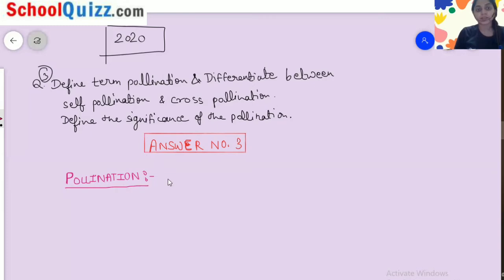So what is pollination? We know that pollination is the process where pollen grains are transferred from the anther to the stigma. This is basically the first process of reproduction in plants.